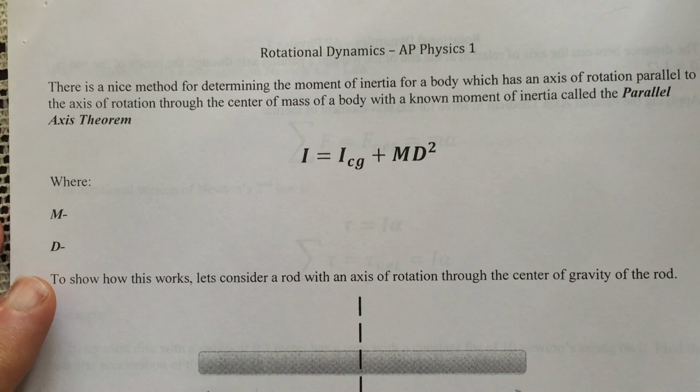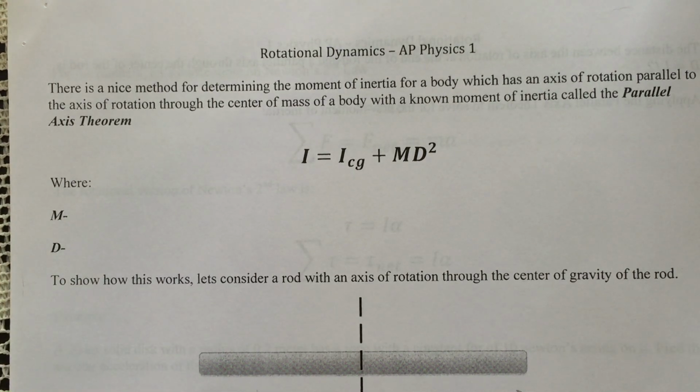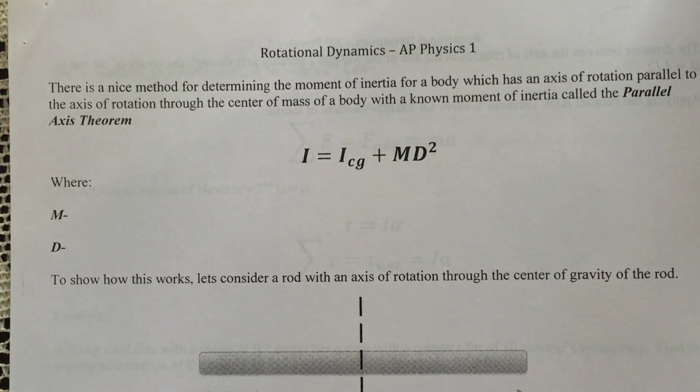All right, guys. Right now, make sure you're open to page 21 in the packet, which is the parallel axis theorem. Now, we've already come up with how to find a moment of inertia. And most of the time, unless you're going to have a bunch of separate little bodies, you're going to be able just to look up moment of inertia on a chart.